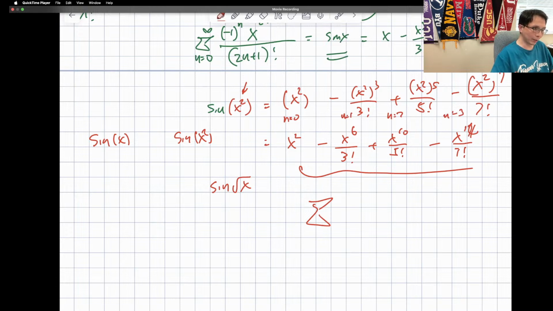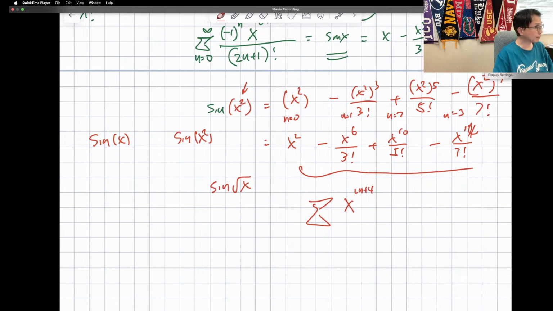You have to figure out what 0 gives you, which is 2, and what 1 gives you, which is 4. Then you can build that power series and see if it's true. 2n plus 4, x to the 2n plus 4.